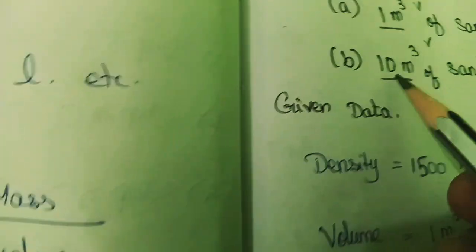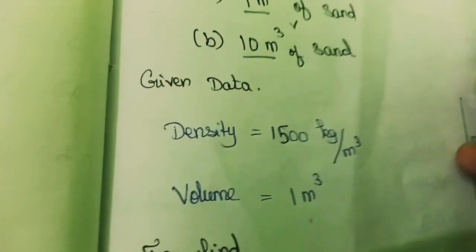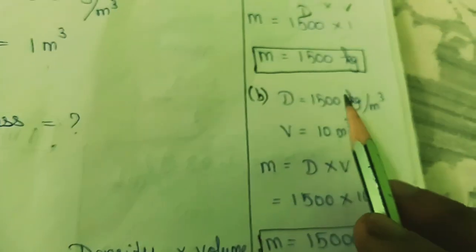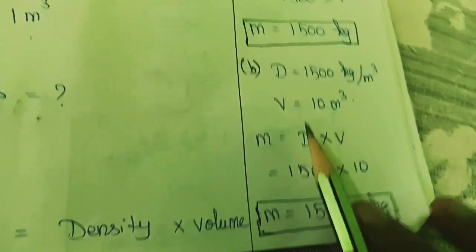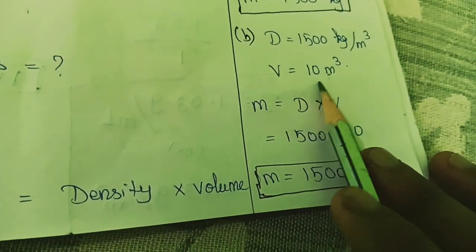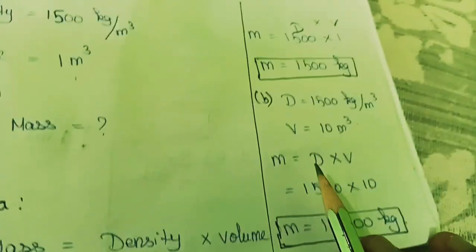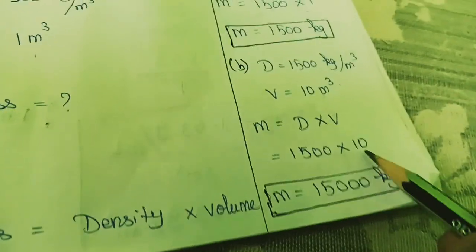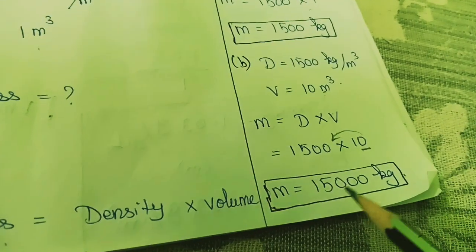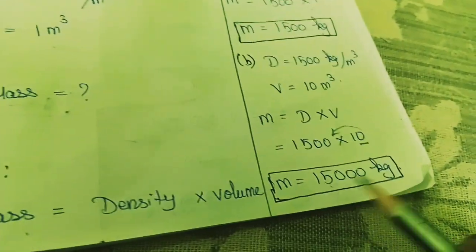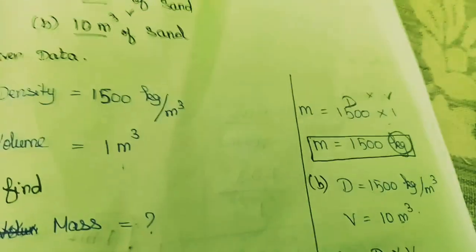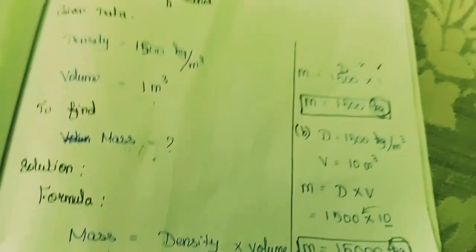Second, for this 10 meter cube, the density is the same for both. So density is equal to 1500 kilogram per meter cube, and volume is equal to 10 meter cube. When you multiply 1500 into 10, you just add a 0 here, so you will be getting 15000 kilogram. Answer with SI unit. SI unit is very important. So first problem over. If you have any doubt, let me know later.